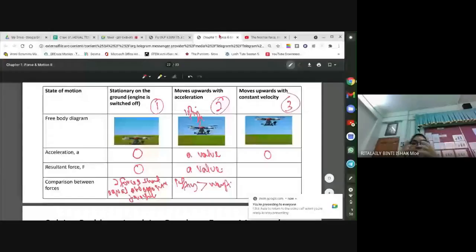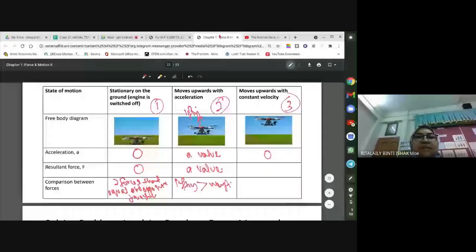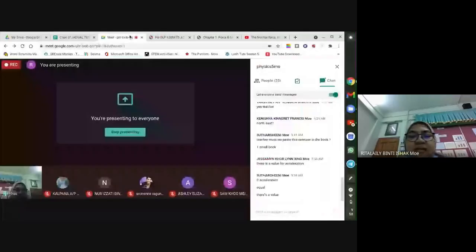Is the resultant force equal? Resultant force is when you add all the forces together. For the opposite direction, you put a negative sign. If the direction is the same, there is no negative sign. So what is the resultant force?